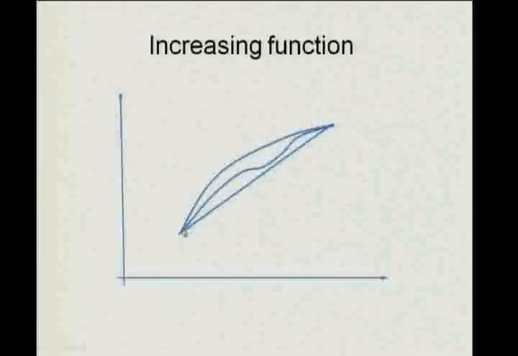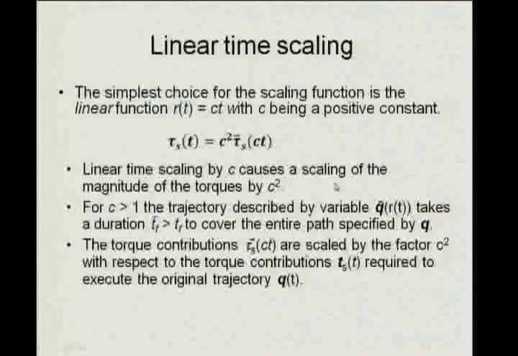I simply do linear scaling, which means I just go like this on a slant slope, or I go, well, there is no reason why I will go faster because all my torques will increase. So, that is the obvious choice. This is the more difficult thing to handle, but it can be done, depending on what is the performance you require from the system.